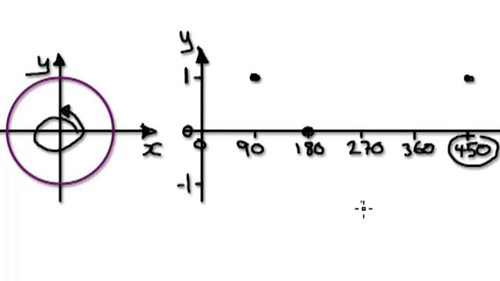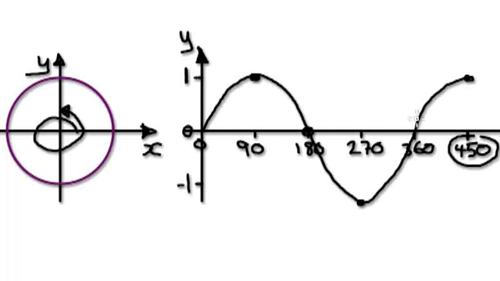As it turns out, the graph will look something like this. 360 is one cycle, and after 360 it's just going to repeat itself.